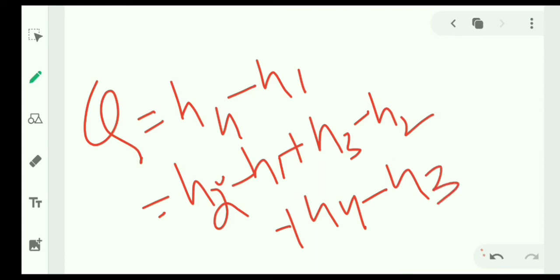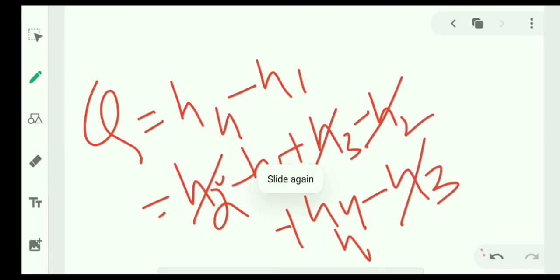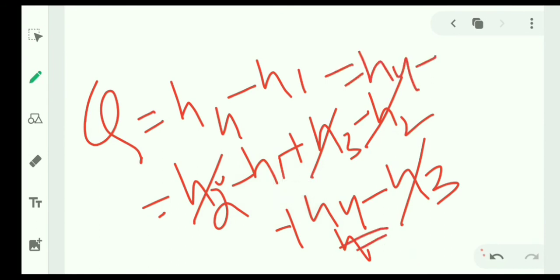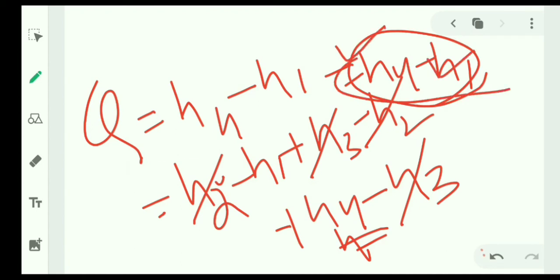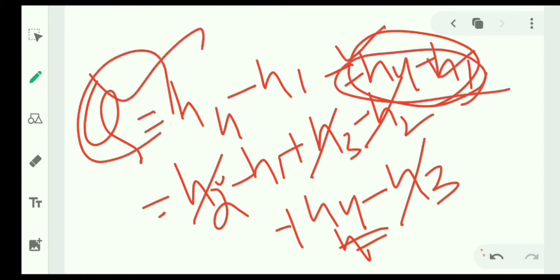If we know the values of H4 and H1, we can directly get the total amount of heat added during that process.